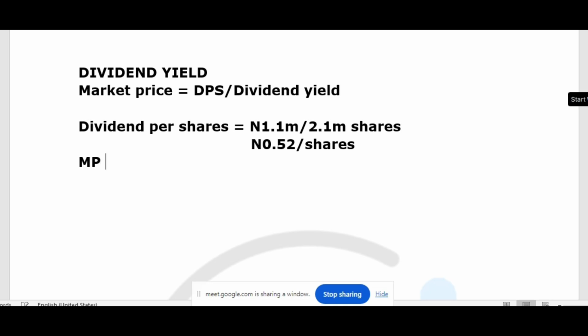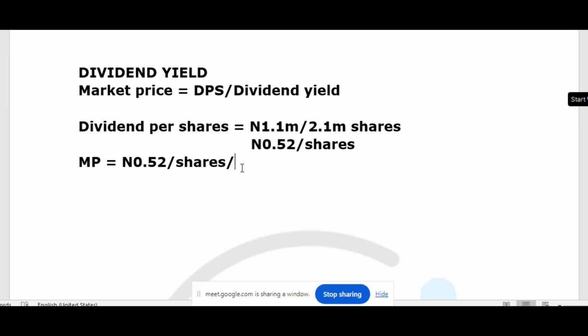So MP, which is the market price, equals the dividend per share divided by the dividend yield. Dividend per share is 0.52. What is the dividend yield? 6%, right? Class, are we together?